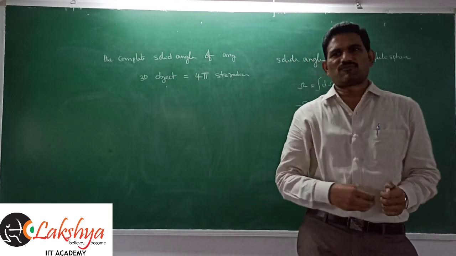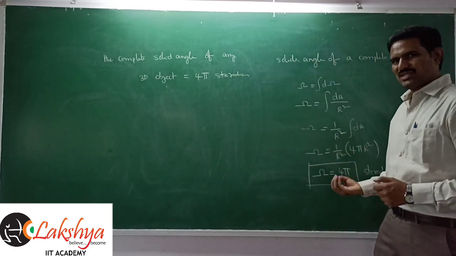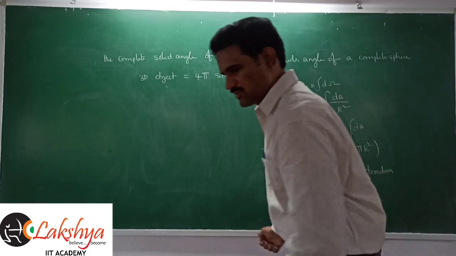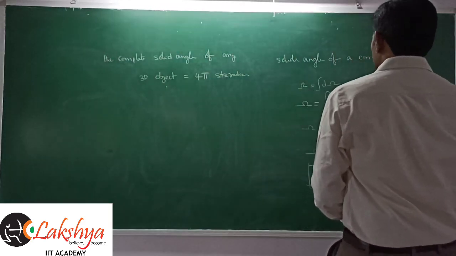It is not only for the sphere. The sphere we can prove easily like this, but actually for any object you will get 4 pi only. So that's an important point.